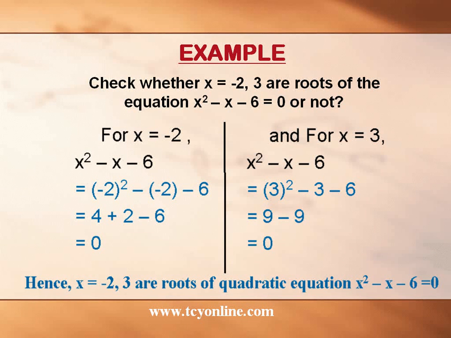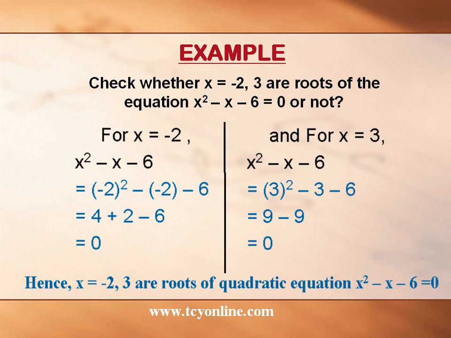Now look at the second example. Check whether x equals negative 2 and 3 are roots of the equation x squared minus x minus 6 equals 0. Simply plug in the values x equals negative 2 and x equals 3. On plugging x equals negative 2, we reach 0.